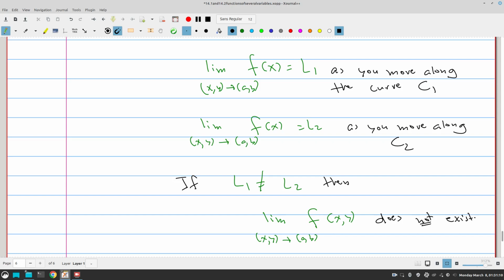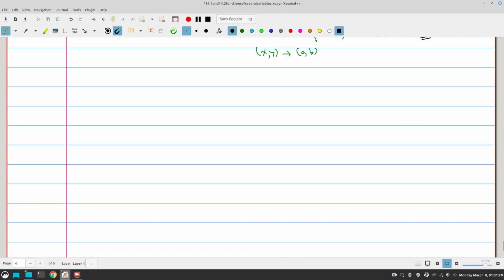So for example, let's look at this example from Stewart's calculus. We want to show that this limit does not exist. Limit as x, y goes to 0, 0 of x squared minus y squared divided by x squared plus y squared.